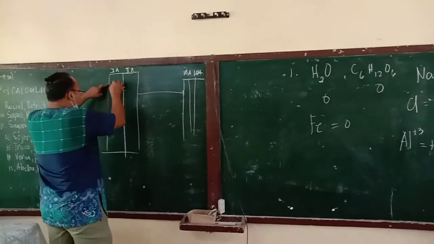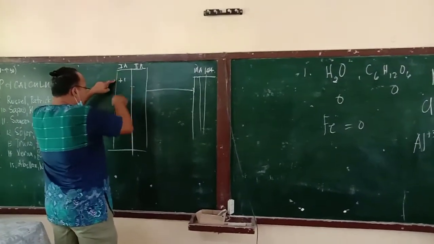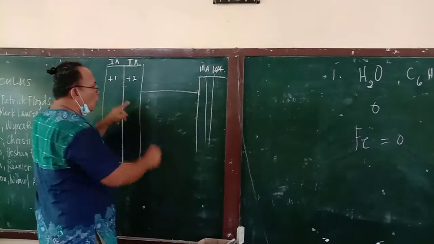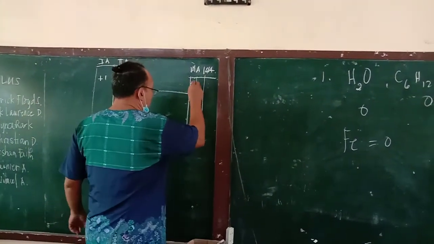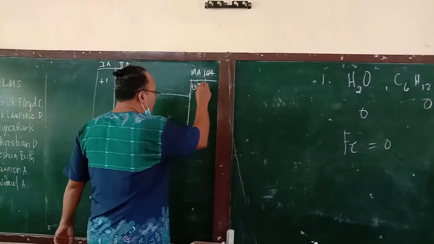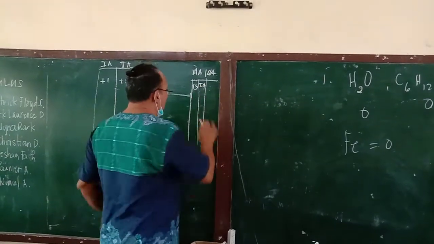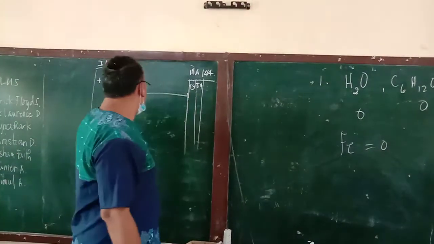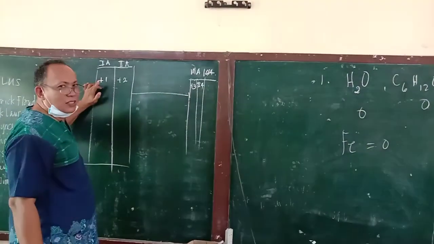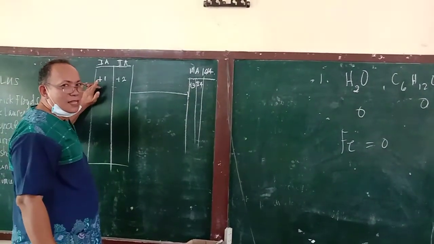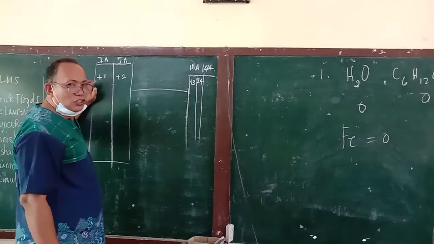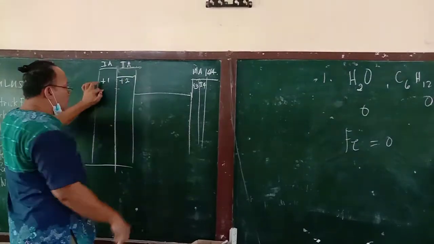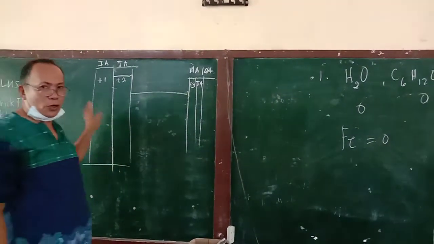Automatically, the elements here are positive 1, these are positive 2, these are positive 3, and carbon is plus or minus 4. So it starts at carbon. The elements that belong to group 1A are those that start from hydrogen, lithium, sodium, and so on.